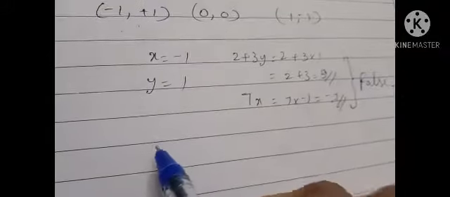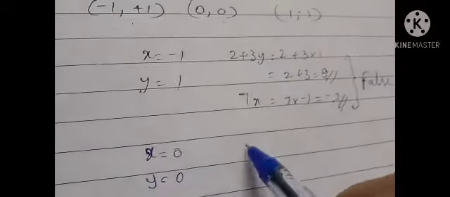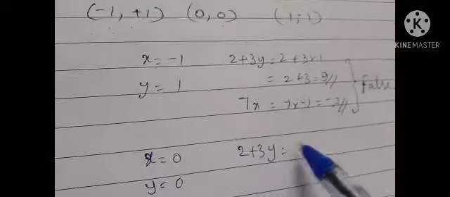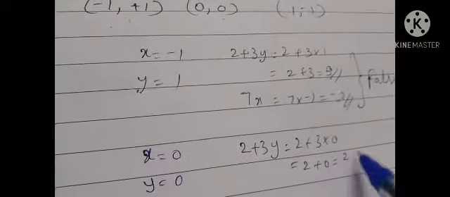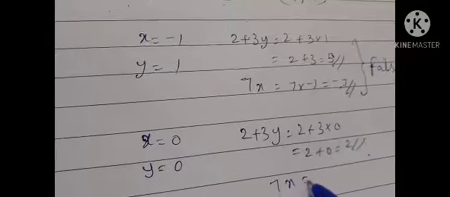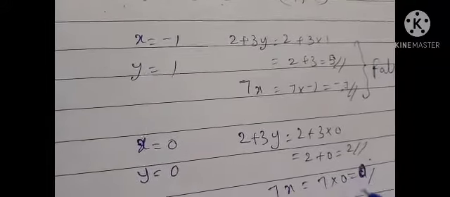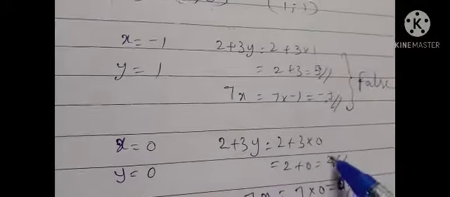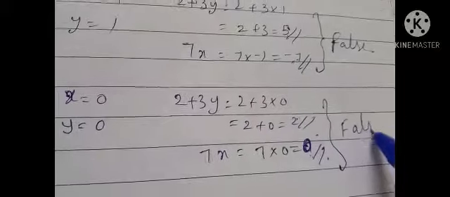Then for the second solution we can check that x equals 0, y equals 0. 2 plus 3y equal 2 plus 3 into 0, that is 2 plus 0 equal 2. Then 7x equals 7 into 0, that is 0. Here 2 and 0 are not equal, so here also it is false.